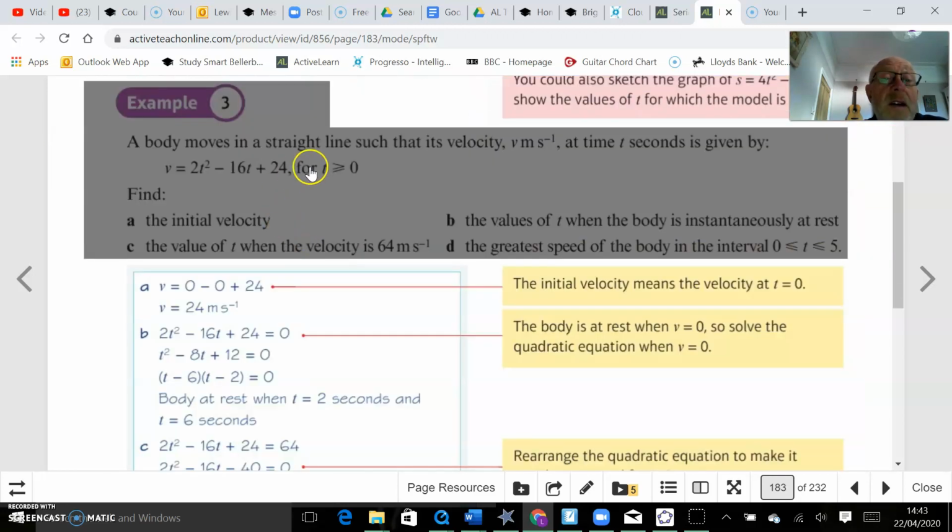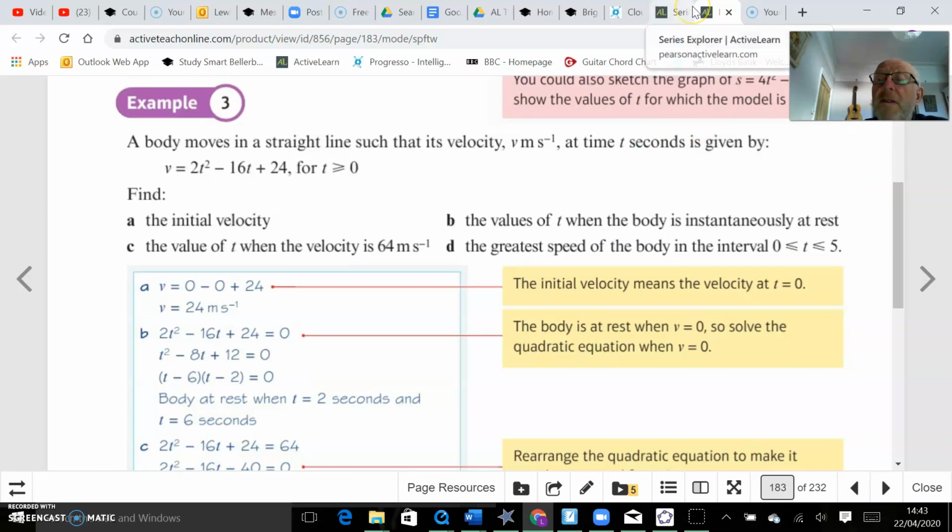So coming down to example 3, here we've got an expression for the velocity rather than the displacement. Of course, we could have displacement expressed in terms of time, we could have velocity expressed in terms of time, and we could have acceleration expressed in terms of time.